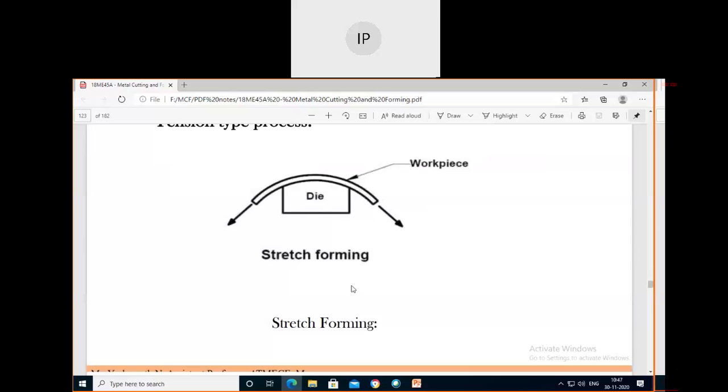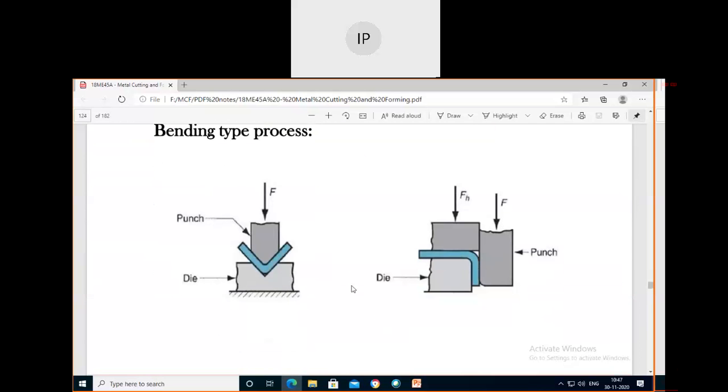Next we have the bending type process. This type of process involves the application of bending movements where bends are required, especially in sheet metal working, and especially with the use of a die and punch.